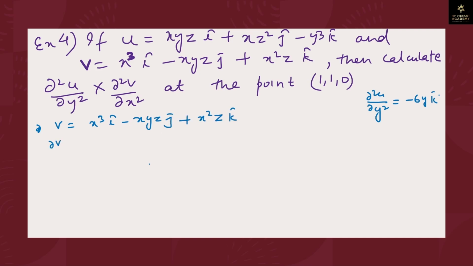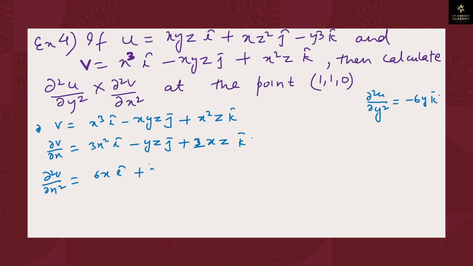So we have del v upon del x as 3x square i cap minus yz j cap plus 2xz k cap, and we have del 2 v upon del x square as 6x i cap plus 2z k cap.